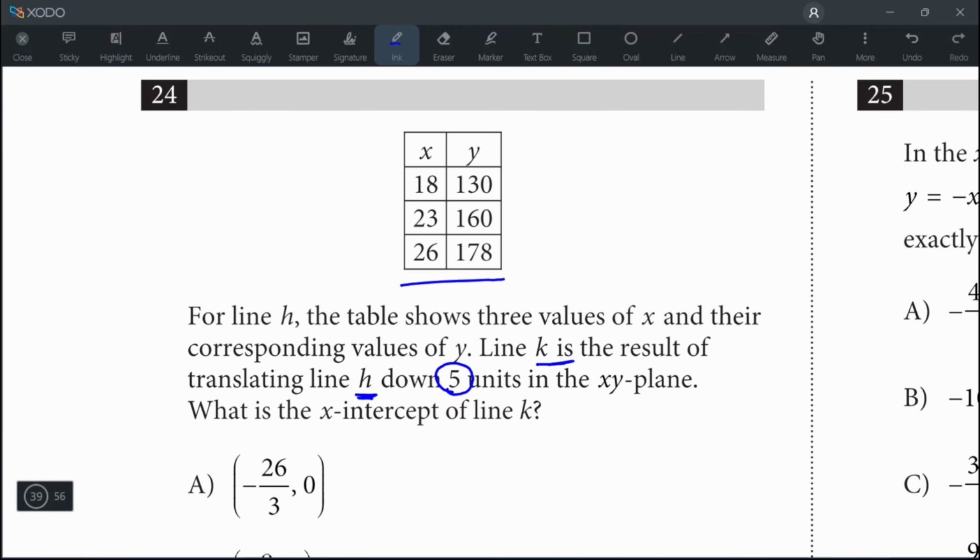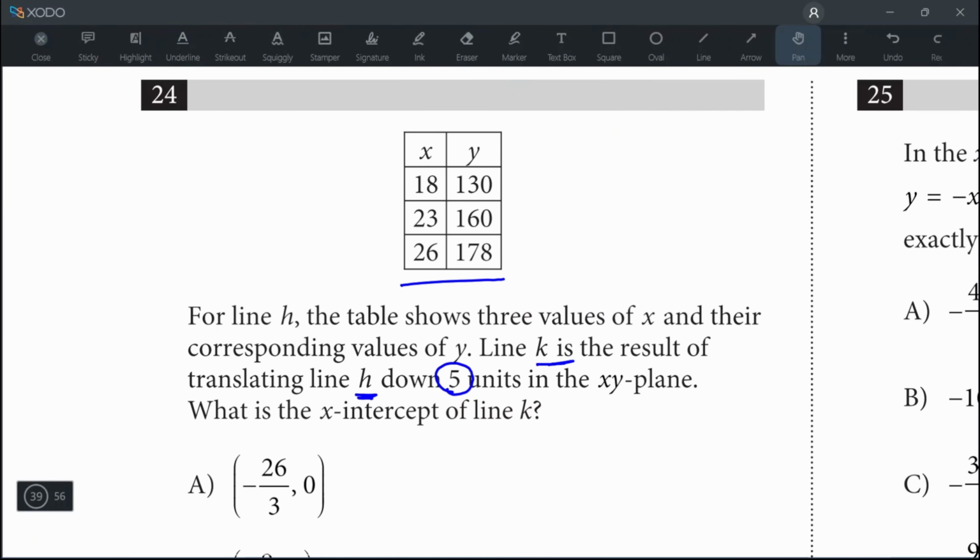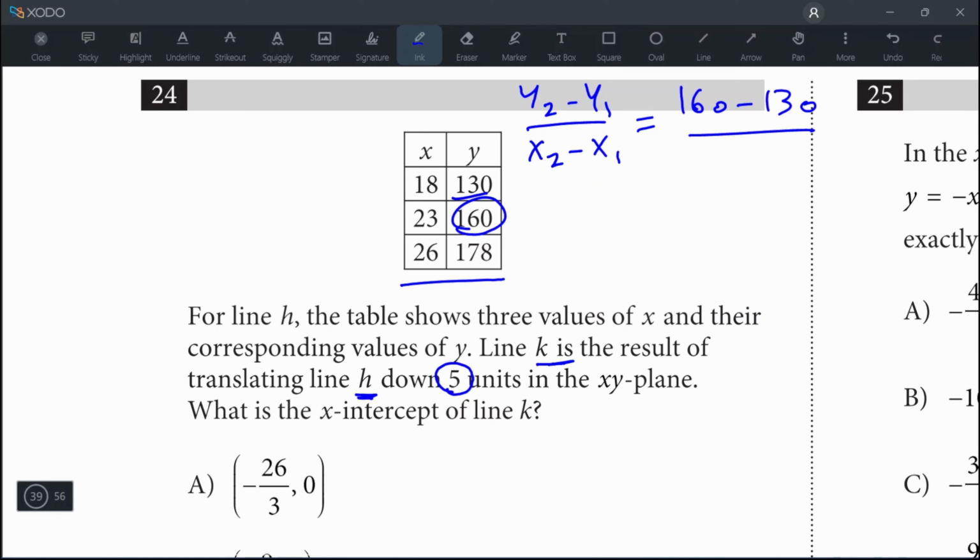We can do that by finding the slope first by applying the slope rule, which is y2 minus y1 over x2 minus x1.